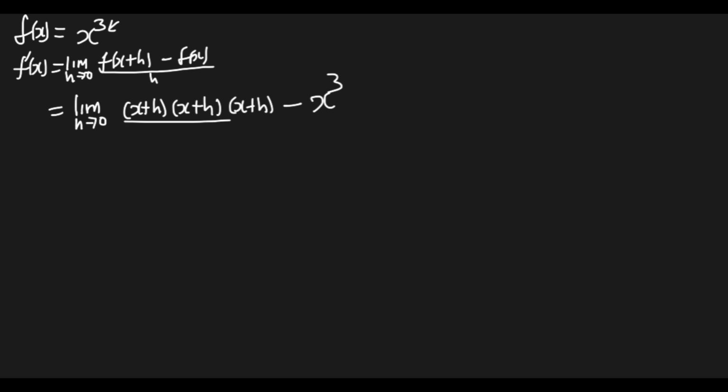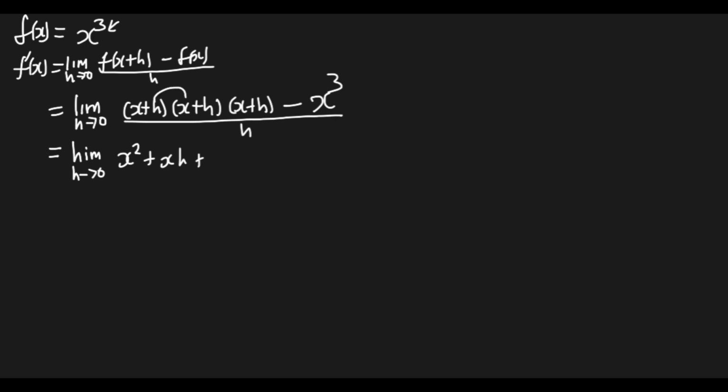So now how do you expand 3 brackets? So the first one, first we are going to expand the first 2 brackets. So we know x times x will give us x squared plus x times h, that is xh.